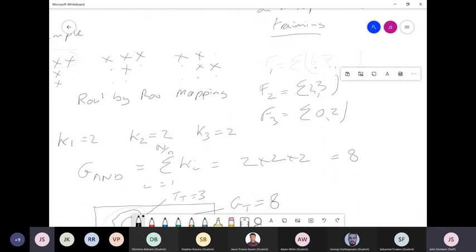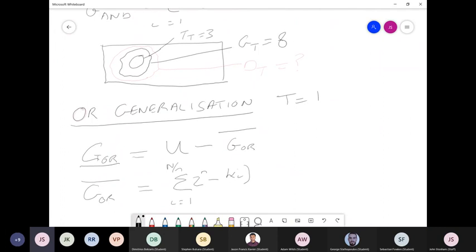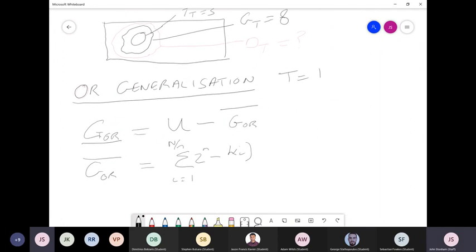So if k1, k2, and k3 are all 2, then this term for f1 is going to be 8 minus 2, and that is going to be 6.